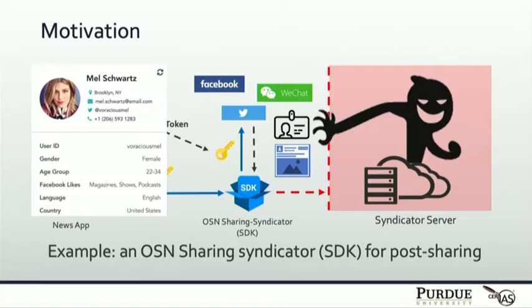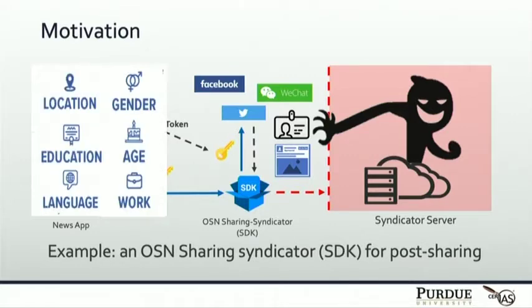Even worse, since the access token allows access to the user's social network account with several critical pieces of information, we surprisingly found that using this token, the library is also collecting all available sensitive data with the shared content to its own server, with very detailed user demographics, including the user's location, gender, education, etc.